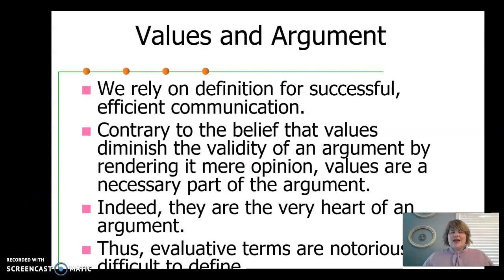So this is just kind of looking at values and argument. So another issue we have in our society right now is that there's sort of this distrust of opinion. And I think that your opinions are colored by your values.